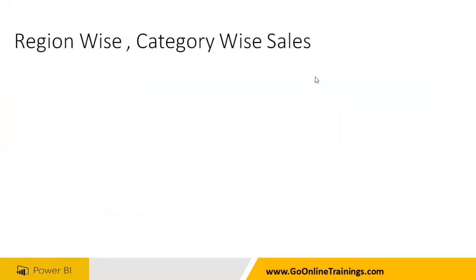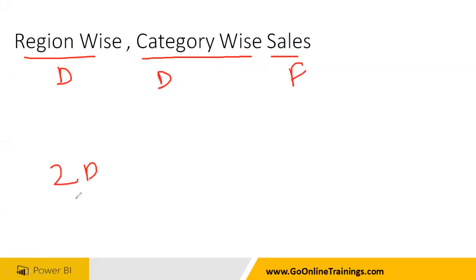In the next requirement, I'm talking about region wise, category wise sales. This is one dimension. This is one more dimension. This is a fact. That means I'm talking about two dimensions and one fact. Clear? If I have one more dimension, where do I have to place it?